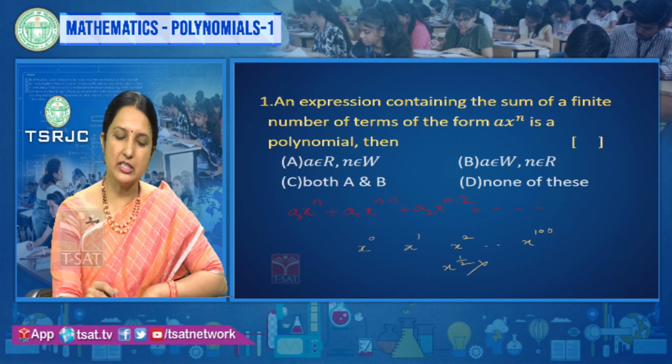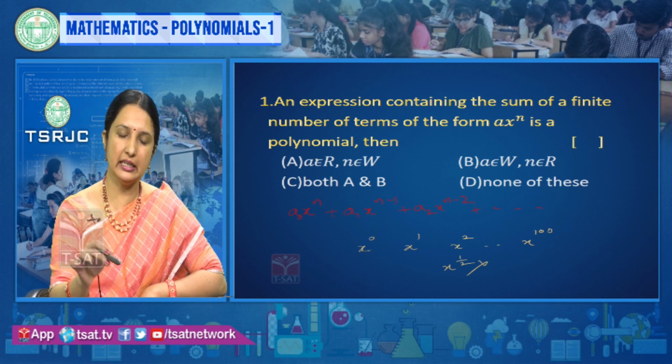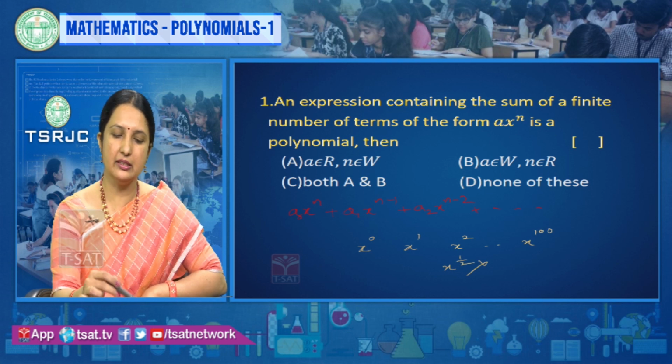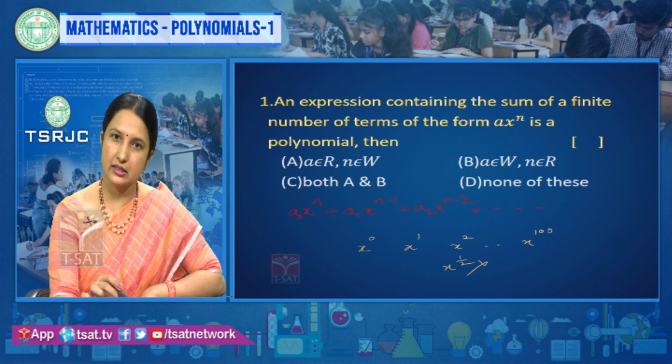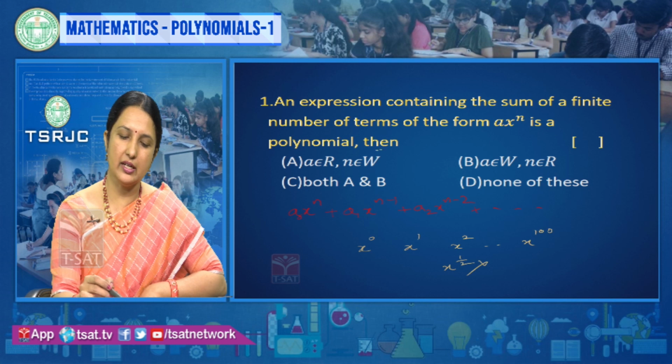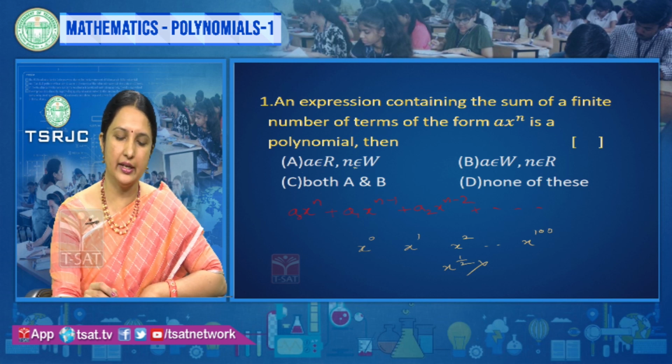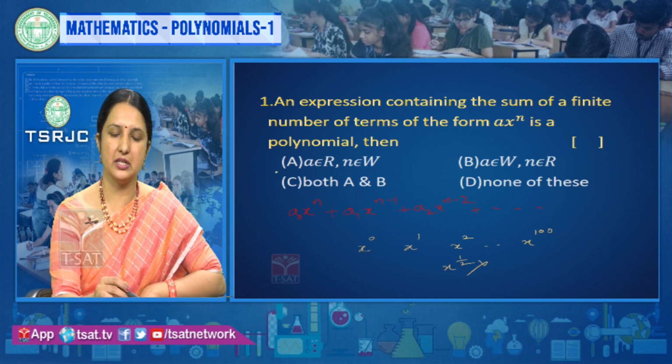So, the powers should be whole numbers and the coefficients should be real numbers. Then only it is called a polynomial. So, what are the conditions? a belongs to R and n belongs to W. In which option is it there? In the first option it is there.